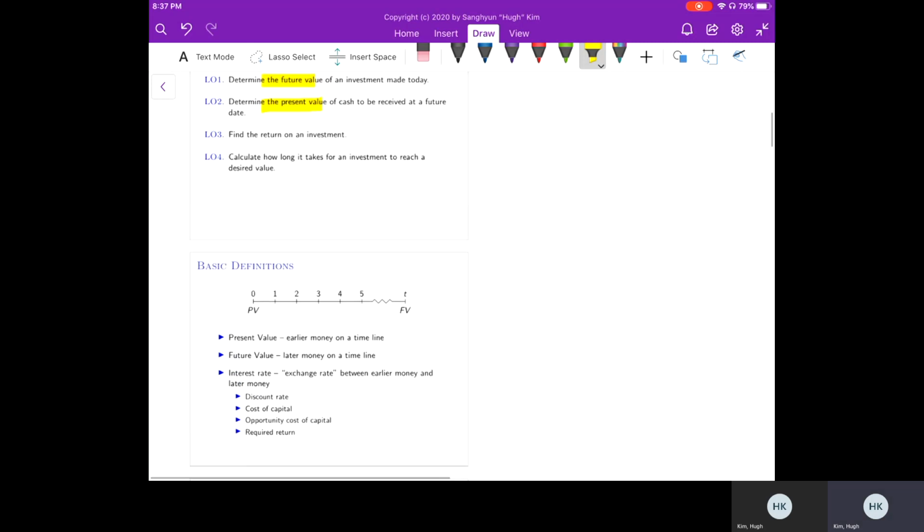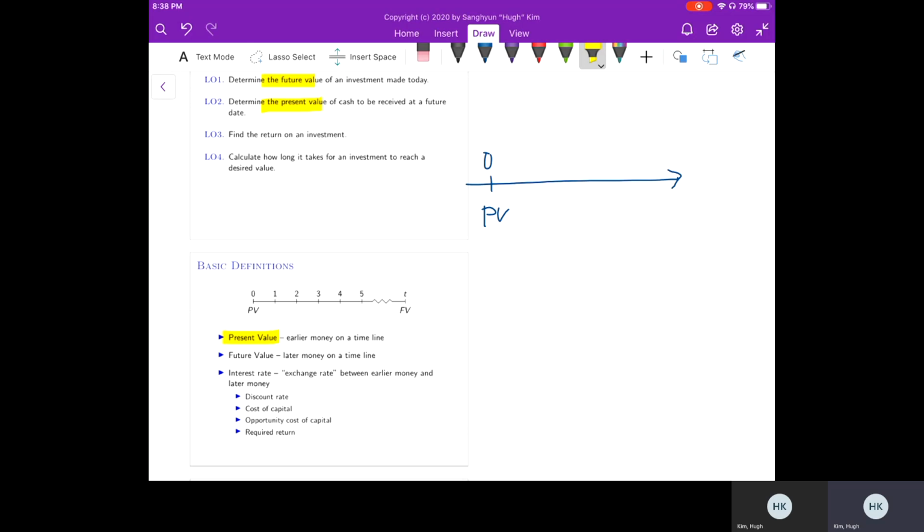So here are the basic definitions. On a timeline, present value refers to earlier money on the timeline. Let's say at time 0. That's present value.